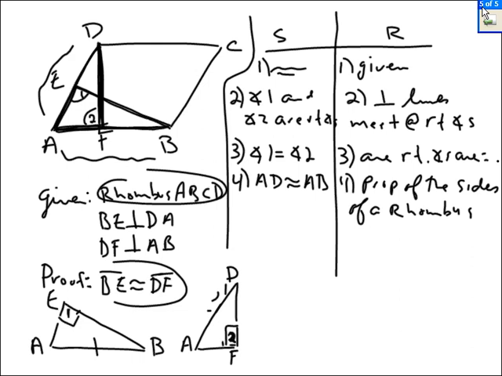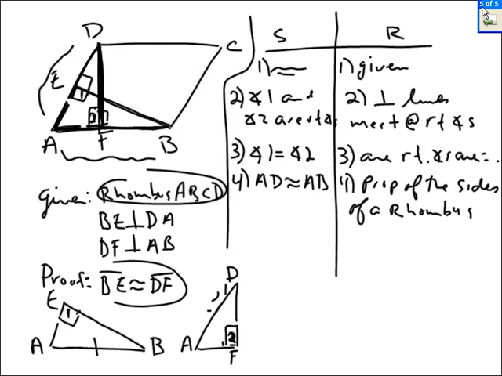So in this diagram up here, angle 2 is a right angle, and angle 1 is a right angle. All right.